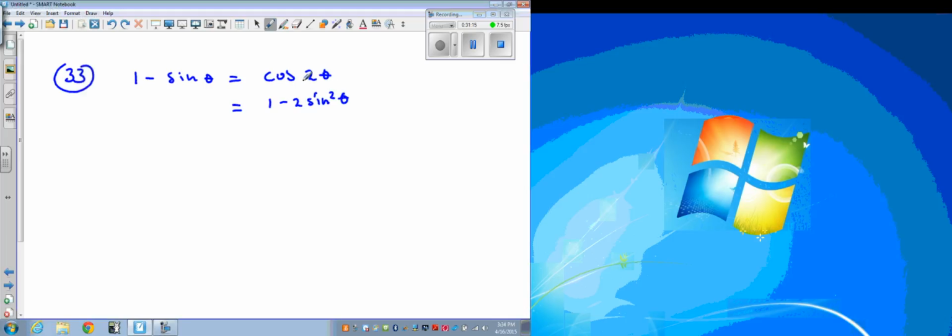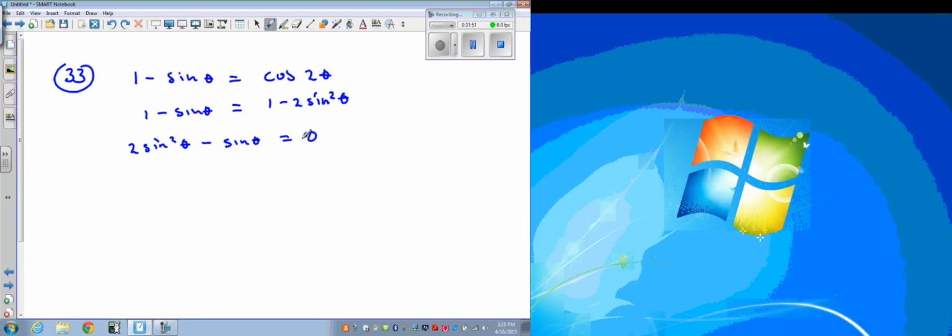See that this is the identity for that. Now, if I brought this 1 over there, that would make that go away, right? Take this over there, get 0 on this side by itself, I would have 2 sine squared theta minus sine theta equals 0.